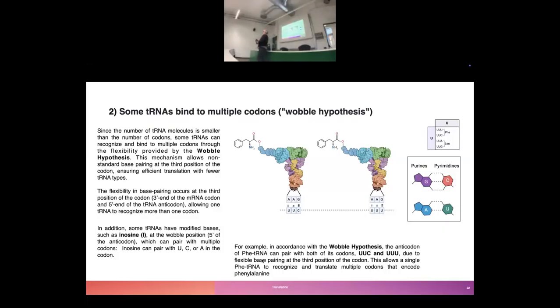Okay, because by the end of the day, it is a match between 20 amino acids and 61 codons. And we sum up: one of the parts is because of the 45 tRNA, each one interacting with its specific amino acid tRNA synthase. And the last part is because of the wobble hypothesis.